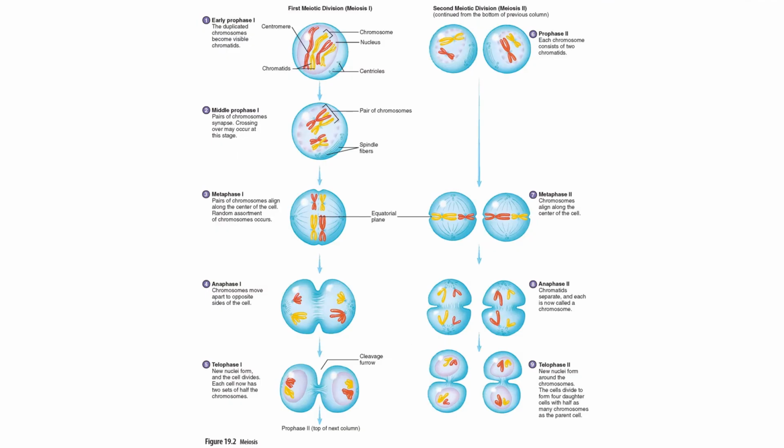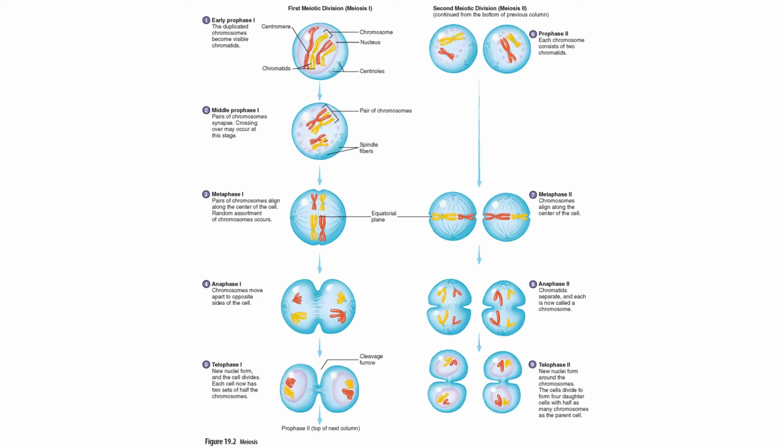Here it shows you the summary of how the first meiotic division happens. This is the part that shows meiosis 1. You have again the different phases, like early prophase 1, middle prophase 1, metaphase, anaphase, and then the telophase.